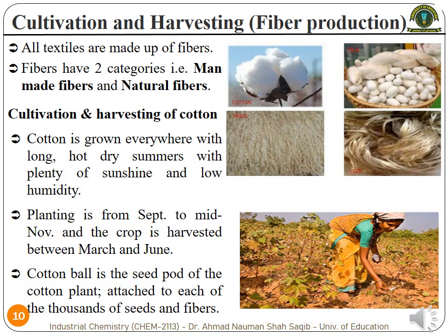So the first step for the natural fiber is to cultivate and harvest cotton. It can be grown in different parts of the world which have hot and dry summers, and which involve a lot of sunshine and low humidity. Mostly cotton is planted in September to mid-November, and mostly it's harvested between March and June depending on the climate and condition.